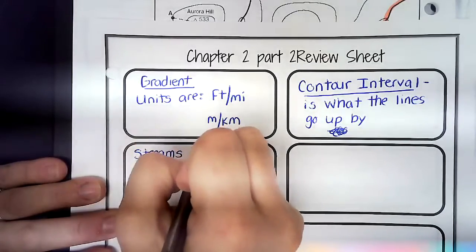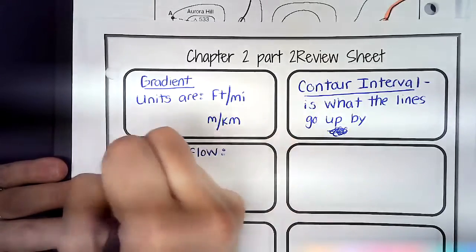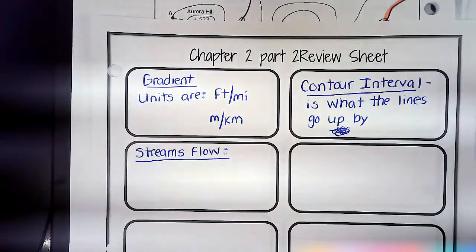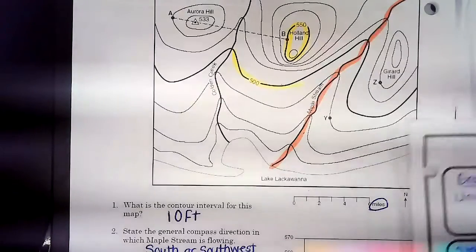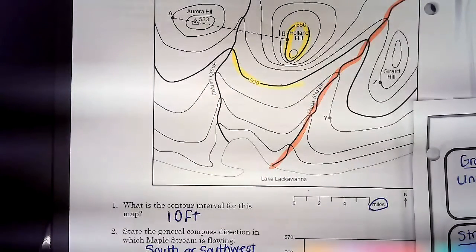Streams flow. The follow-up question for this on the Regents is usually, how do you know that Maple Stream flows south-southwest? Because what?